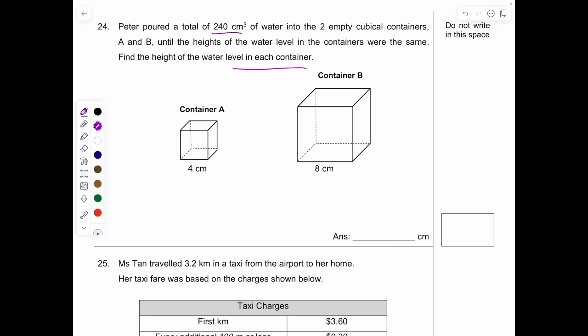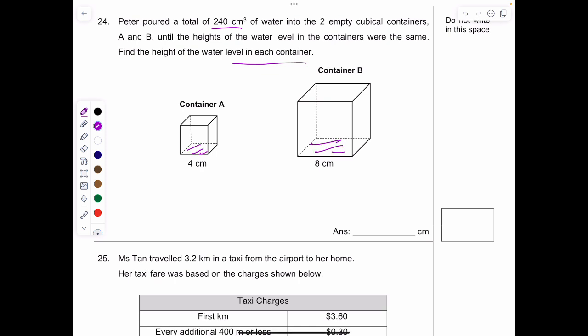So to do that, what we need to do is that we need to first add what is the base area of each container, right?